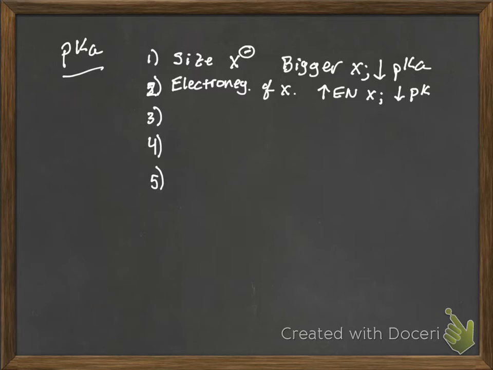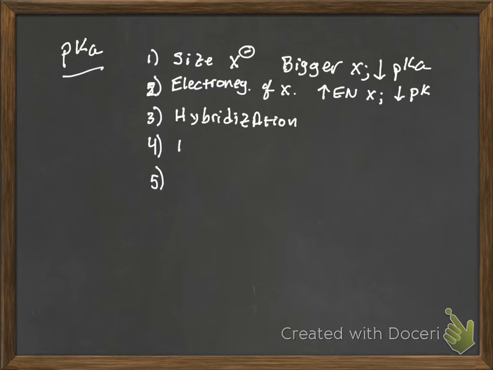So let's go through some of them here. The next ones we're going to talk about are hybridization. Honestly, of these next three, hybridization, of these three, this is probably the most important synthetically.